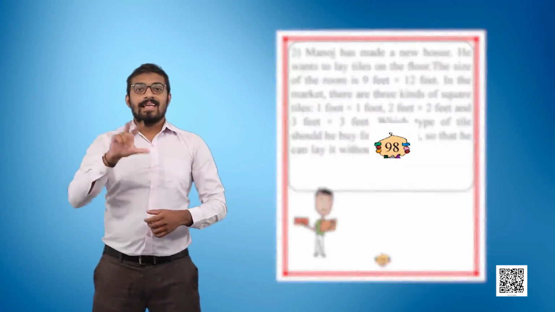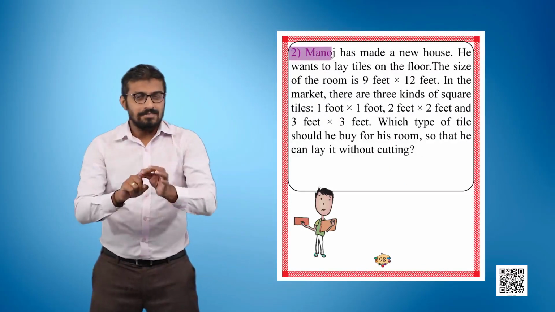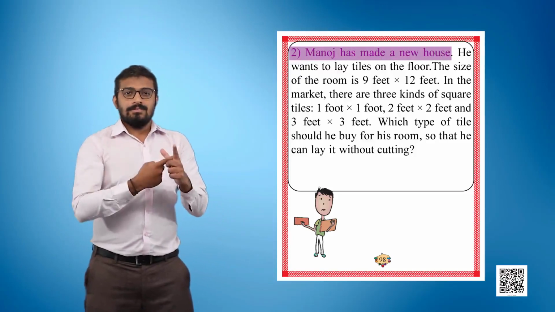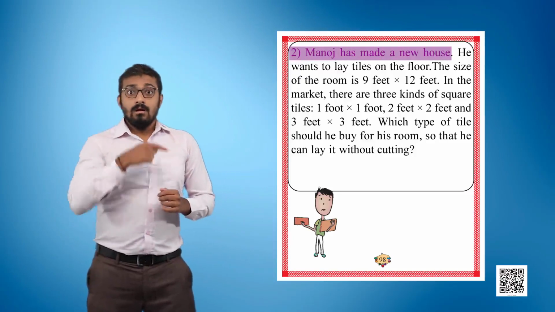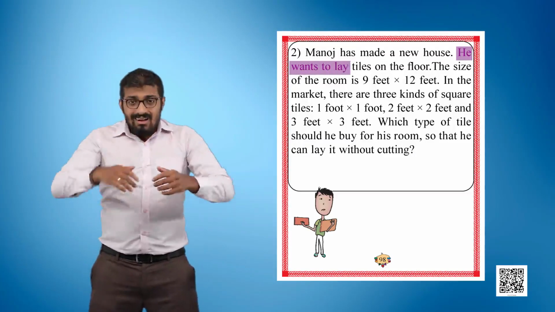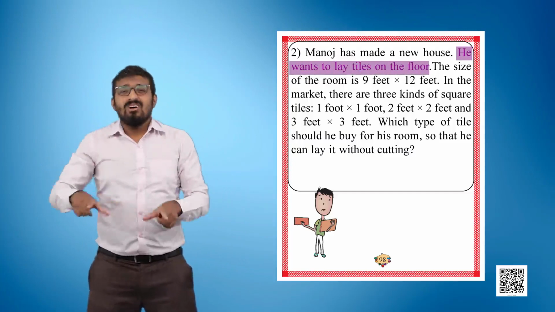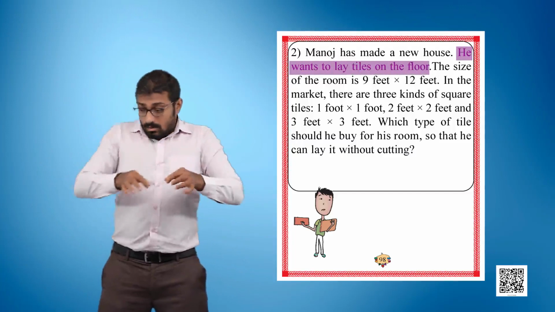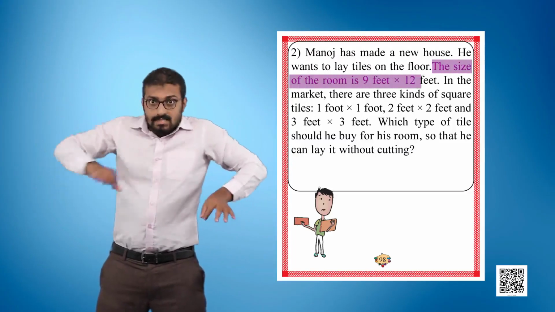Page 98. 2. Manoj has made a new house. He wants to lay tiles on the floor. The size of the room is 9 feet by 12 feet.